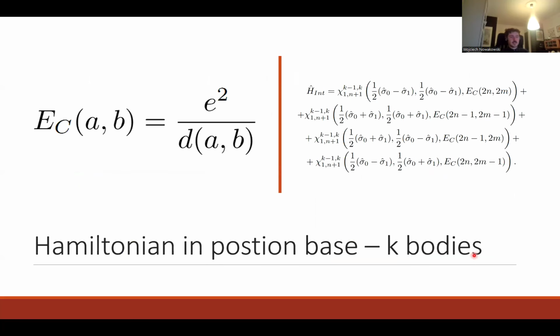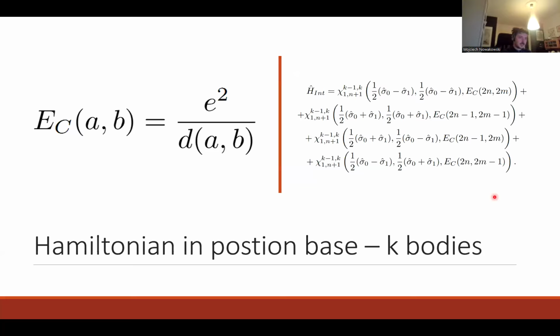So the next step, when we describe the set of weakly interacting quantum dots, is to implement some kind of electrical interaction.